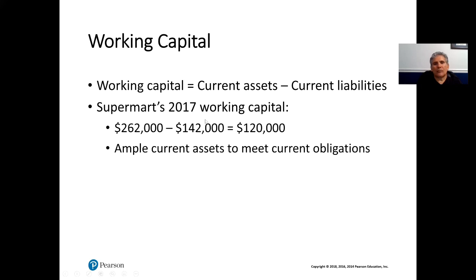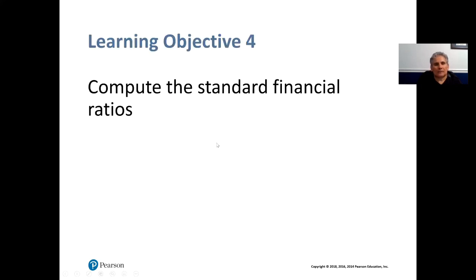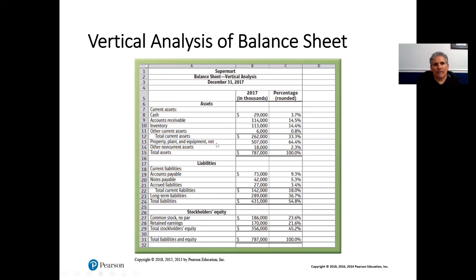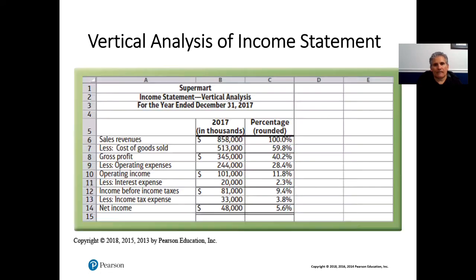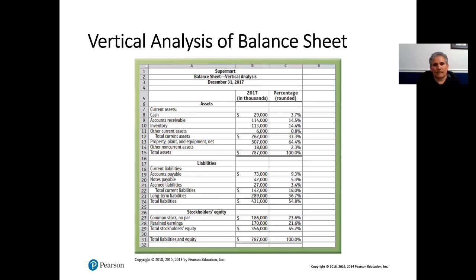Well, we can look at Supermart's 2017 working capital. Let's go ahead and see if we can just figure it out ourselves. Okay, we have the balance sheet, the vertical balance sheet. The total current assets, do we find it? Yep, we'll flow through here and we'll see, oh, there's total current assets, $262,000.